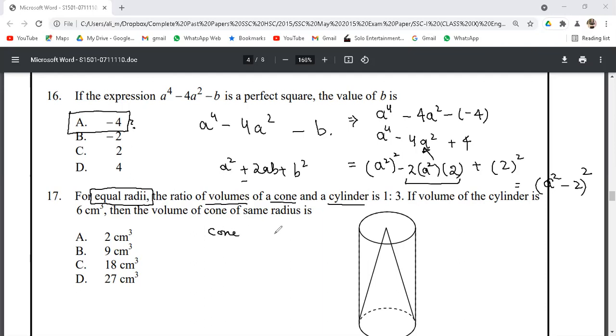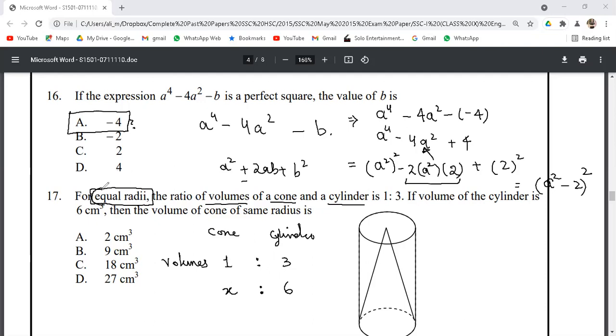So the cone and cylinder, the ratio of their volumes is 1:3. The volume of cone is 1 and the cylinder is 3. If the volume of the cylinder is 6, अगर cylinder का volume 6 है तो cone का volume जो है वो कितना होगा ये हमें फाइंड आउट करना है.